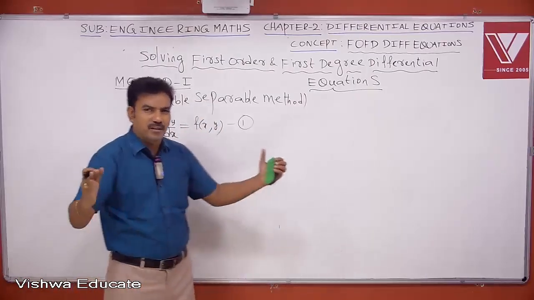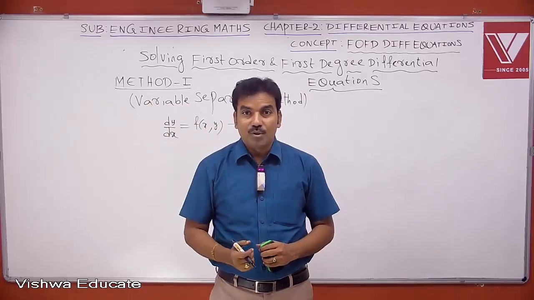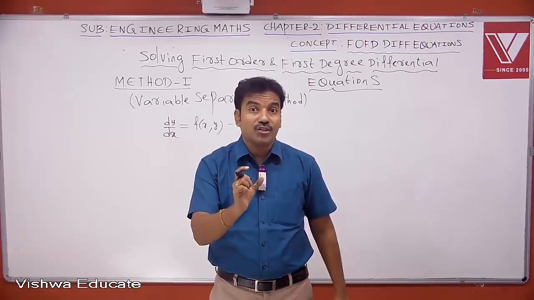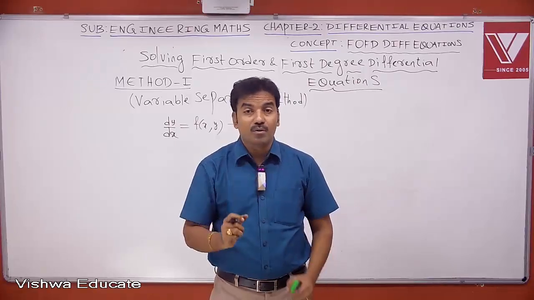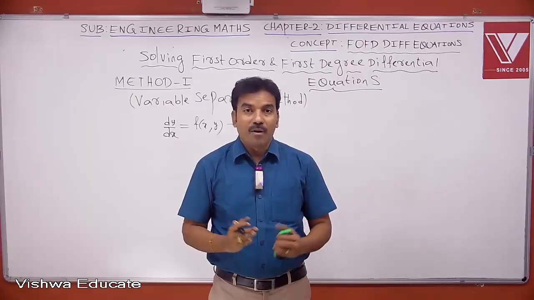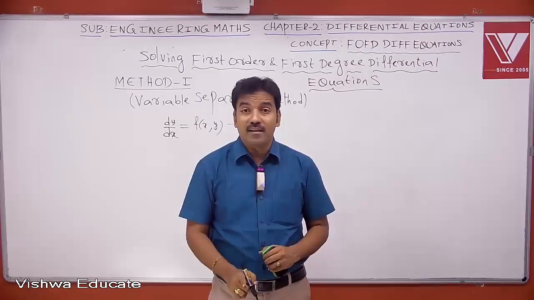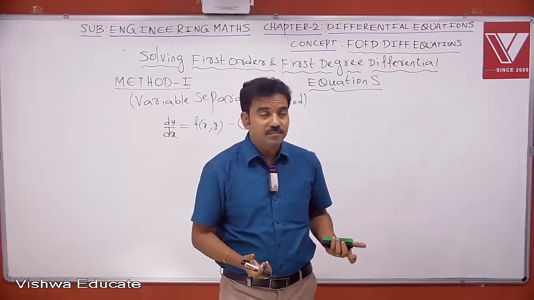Just separate the variables, x on one side, y on the other. That depends on the nature of the function f of x comma y. If it can be separated, then apply integration on both sides by adding a constant c. That becomes the general solution of my equation, right?